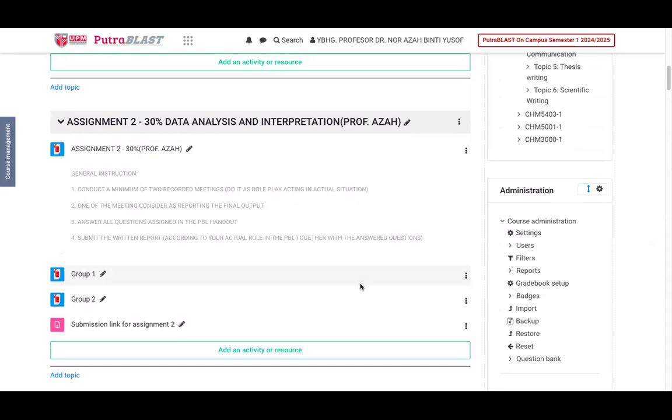For the first one, you just have to understand what you need to do, read the assignment, and if you have questions, keep them first. We can discuss on Monday. Is it okay?